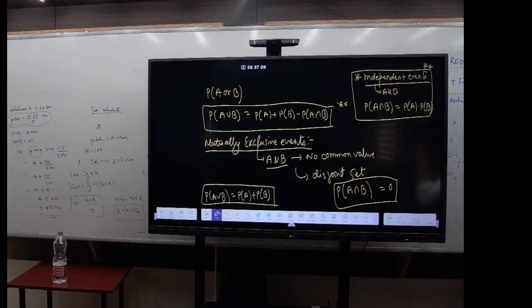Now if A and B are both independent, in this case what is the formula for P of A union B? Now it will be P of A plus P of B minus P of A intersection B, which is P of A into P of B. So they will give you the union, but they will give you the condition. Based on the condition you have to solve.